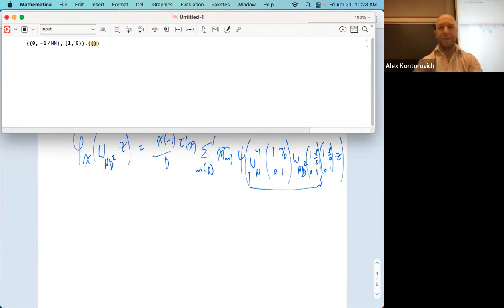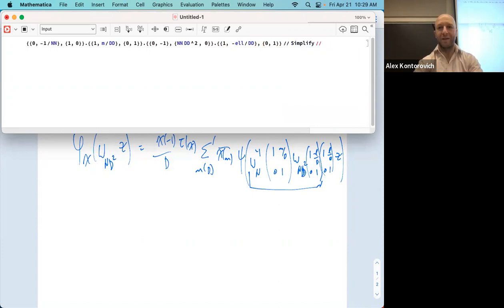Then times (1, m over d; 0, 1). Then times (1, -l; 0, d). And finally times (1, -l over d; 0, 1).